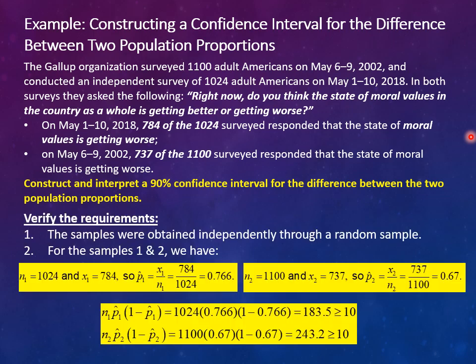So the first thing we have to do is verify the requirements. The samples were obtained independently through a random sample. For the samples 1 and 2, we have these n1, x1, p hat 1, p hat 2, etc. calculations, and so we can see that the figure for the sample size is indeed greater than or equal to 10 for both of these.